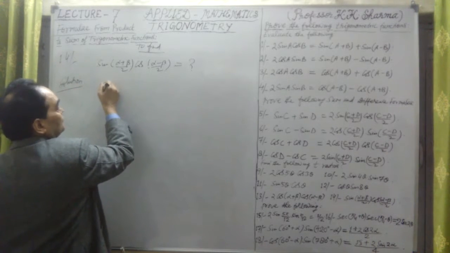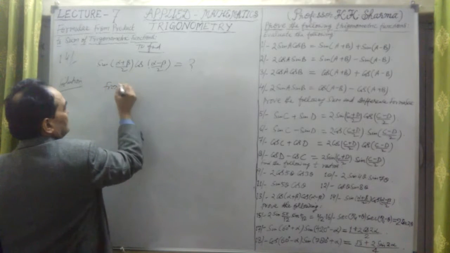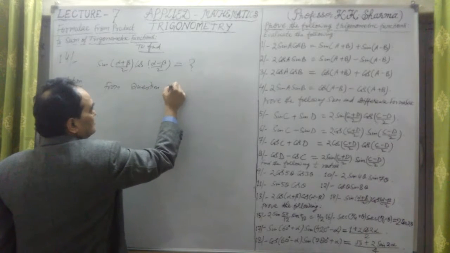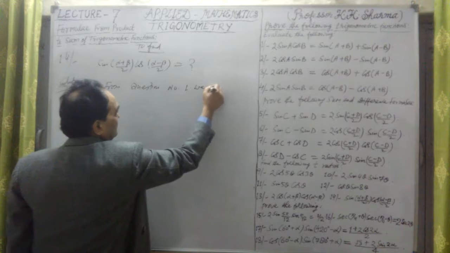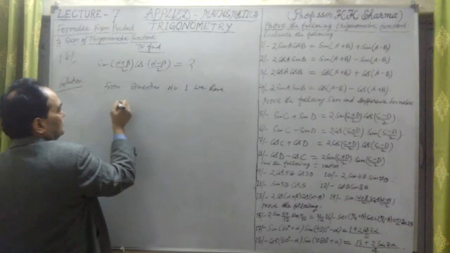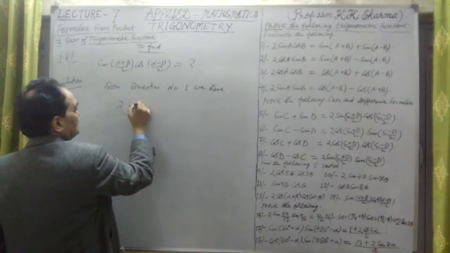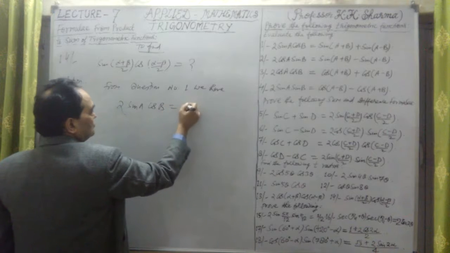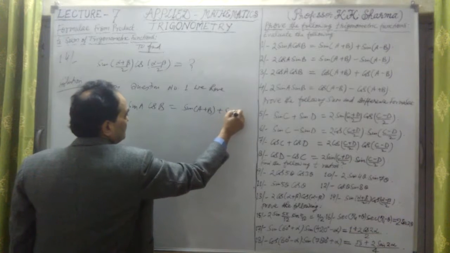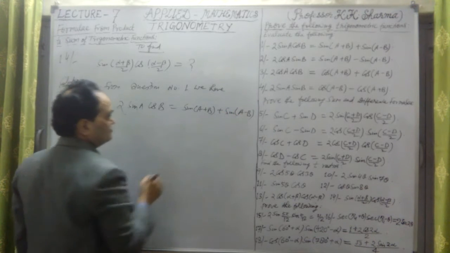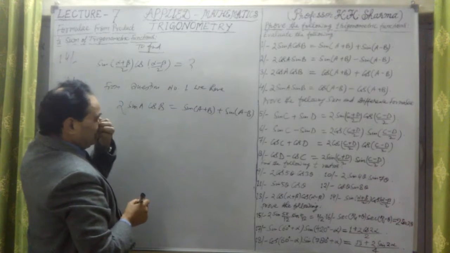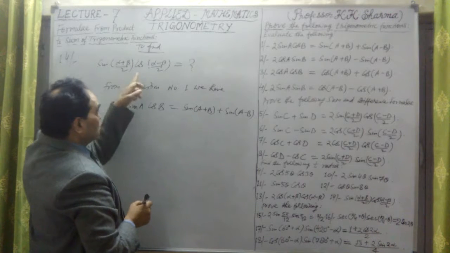So we know from question number 1 we have 2 sine A cos B equal to sine A plus B plus sine A minus B. What we see here, we have to put A is equal to this, B is equal to this, but the 2 we have to multiply.